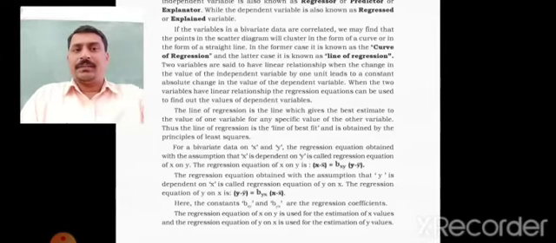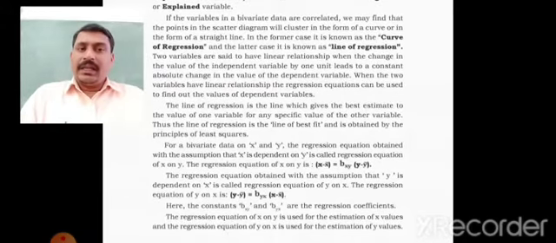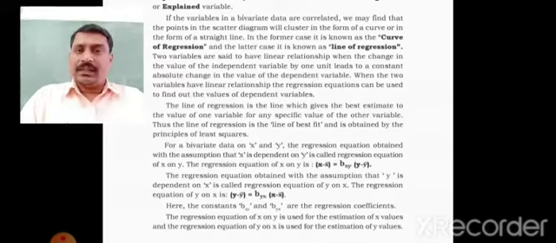So what is that here? In the line of regression, the line of regression is the line which gives the best estimate of the value of one variable for any specific value of the other variable. That is, we prepare one line of regression which gives the best estimate for an unknown value with the help of a known value.